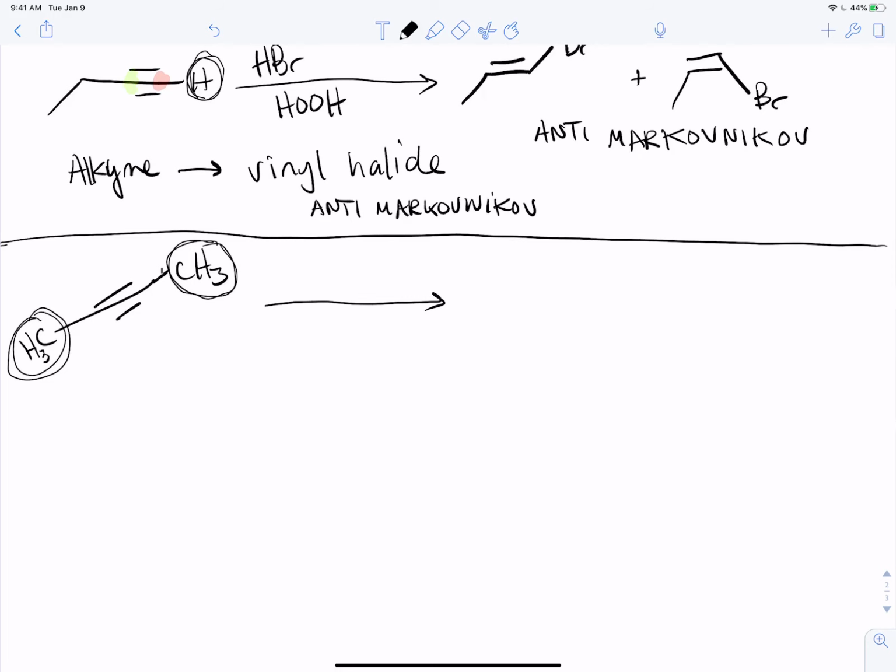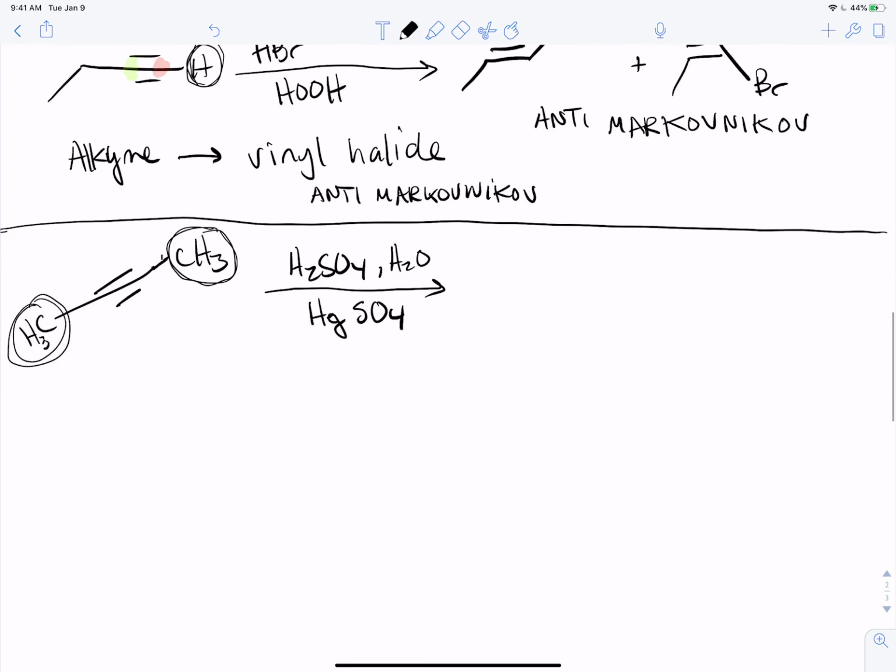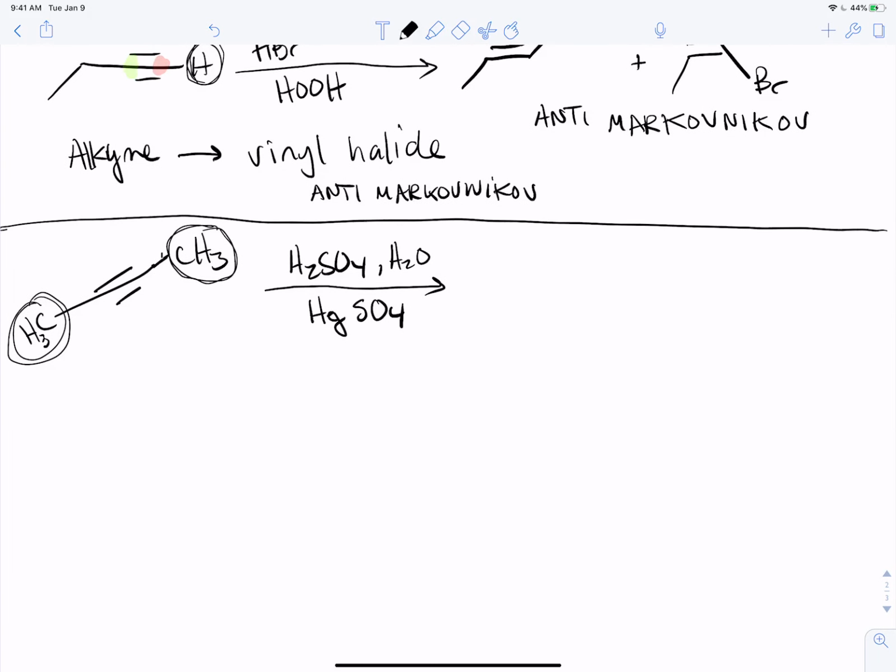Okay, so I've got this internal alkyne, and now I'm going to do something similar to what we did with alkenes. We're going to do acid-catalyzed hydration. Because it's an alkyne, they're slightly less reactive. We're going to have to add mercury sulfate in there. Mercury sulfate acts as a catalyst to kind of get things going here, make that alkyne more reactive.